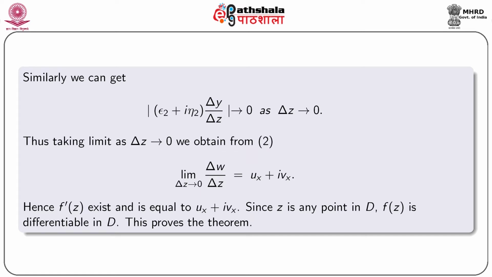Therefore, f dash z exists and is equal to ux plus i vx. Since z is any point in D, from this we conclude that f(z) is differentiable in D.